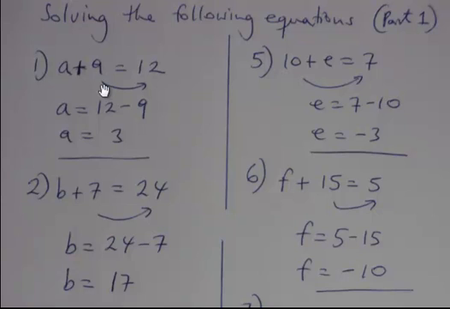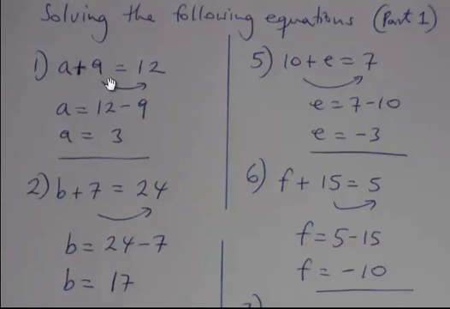Because there is an addition sign here, I need to get rid of anything but the unknown, which is A. So I'm going to get rid of that 9. In order to get rid of this 9, I'm supposed to balance it with the other side. So I'm going to take 9 and subtract it on that side.